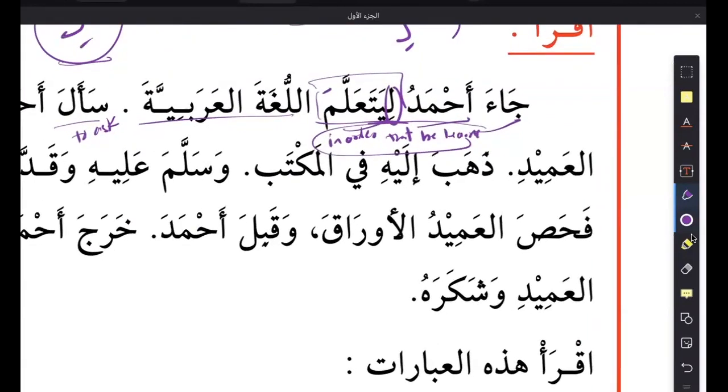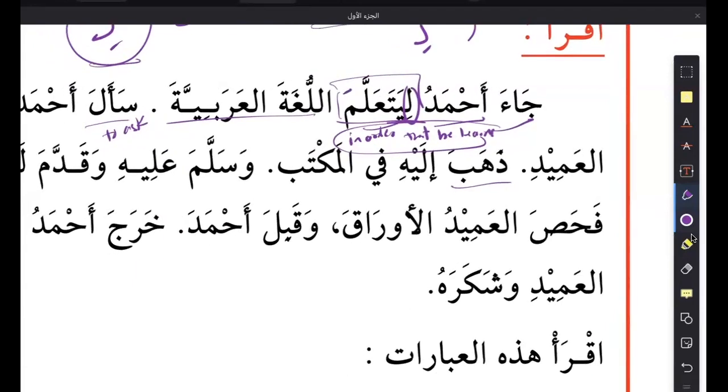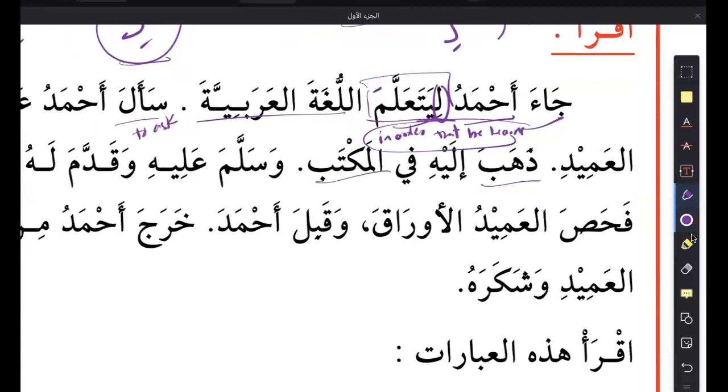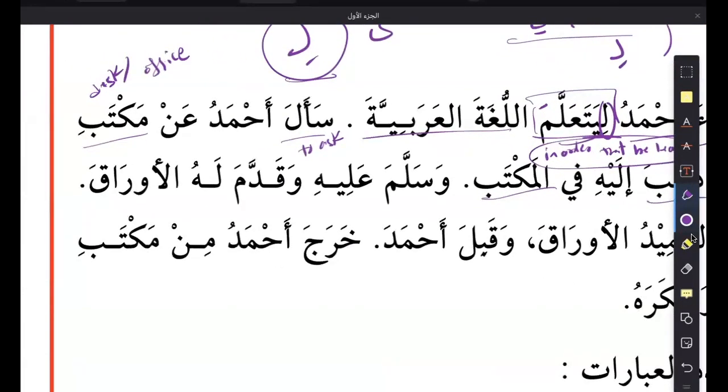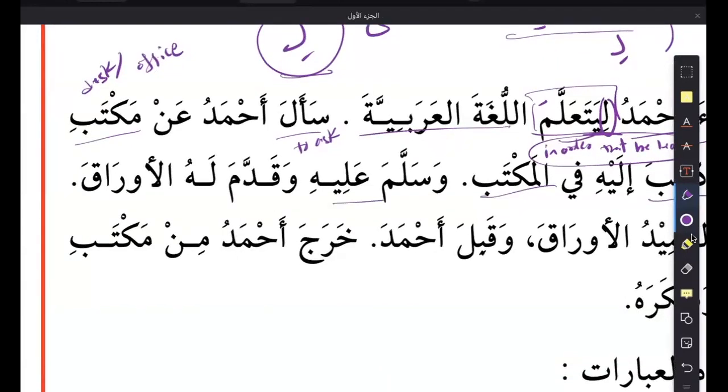ذهب إليه في المكتب. Dhahaba is to go, ilayhi, so he went to the office. Okay. وَسَلَّمَ عَلَيْهِ وَقَدَّمَ لَهُ الْأَوْرَاقِ. And then salama, remember when you say salam, it always comes with ala. That's why you say assalamu alaykum. Salam has many different meanings, so when you want to say giving salam, then we need harful jar ala.